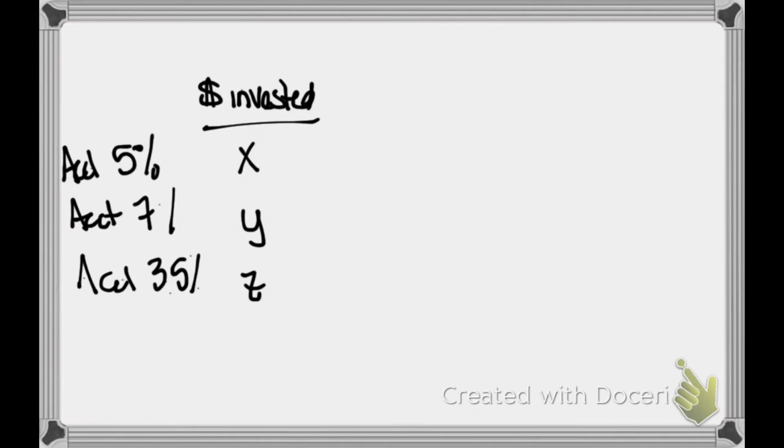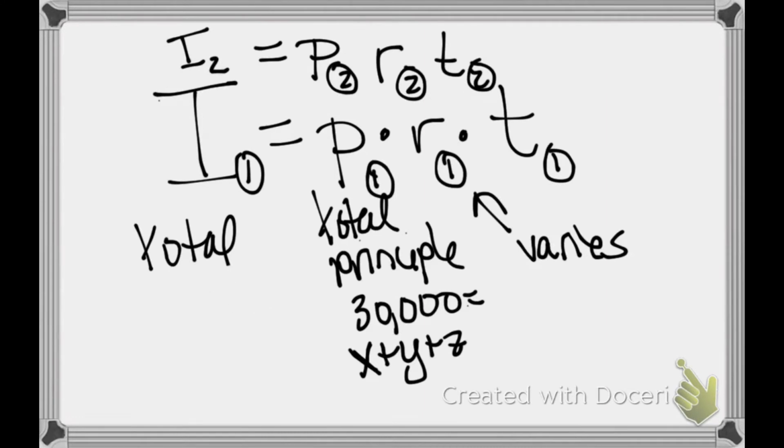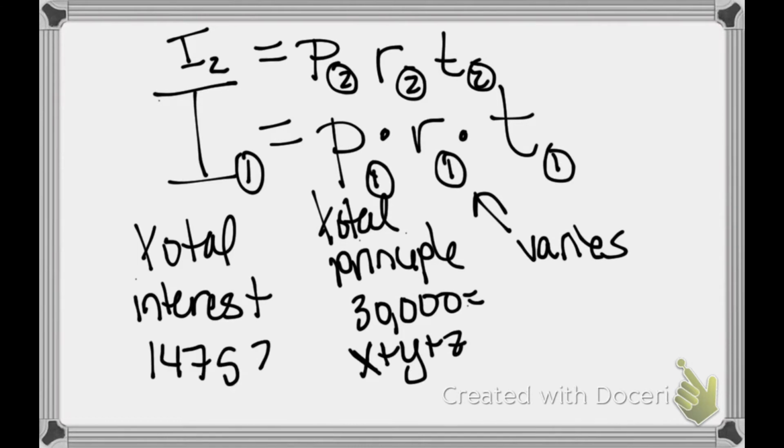But let me for a moment back up, and we know that simple interest is principal times rate times time. Total interest, that is $1,475, and that's a little bit harder to think about, how I add up the total interest.